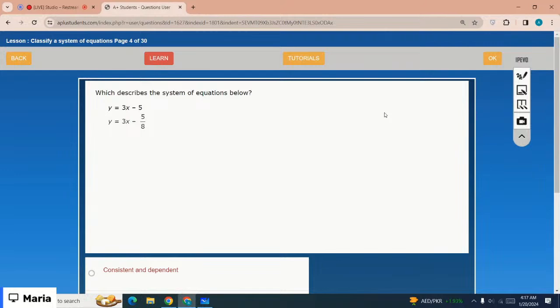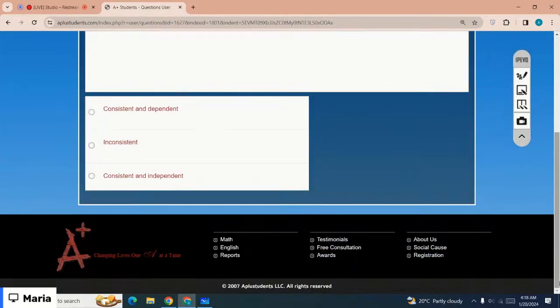They have exactly the same slope, right? Both equations have the same slope, so again the system is inconsistent. The correct option is inconsistent.